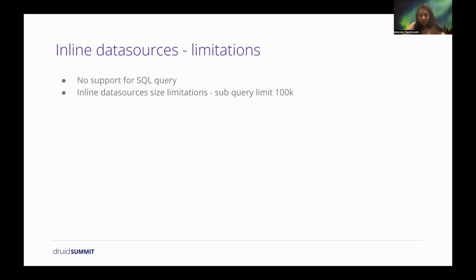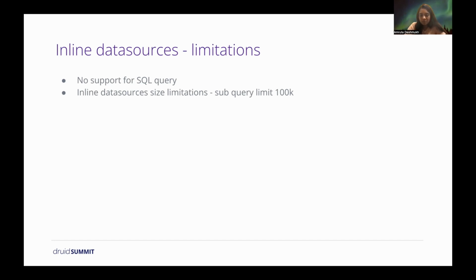Even with these optimizations, there is a possibility that we can hit the inline query limitation. The major limitation is the subquery row limit, which says that an inline query cannot have more than 100,000 rows.